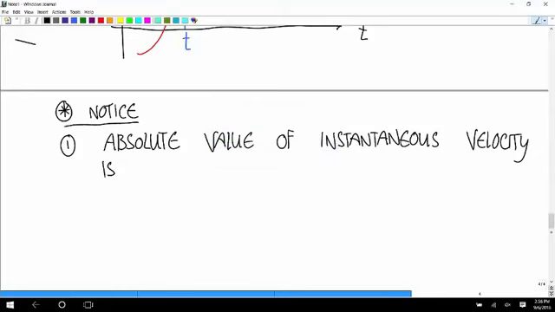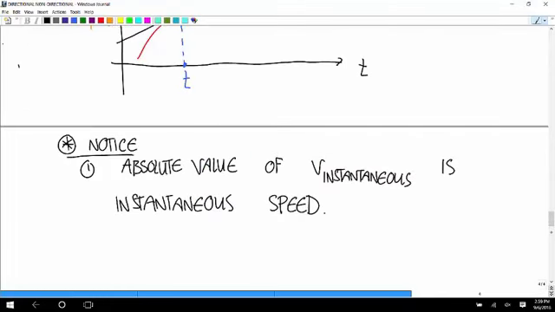The second thing to notice is the sign tells the direction that the object is traveling in at that instant.